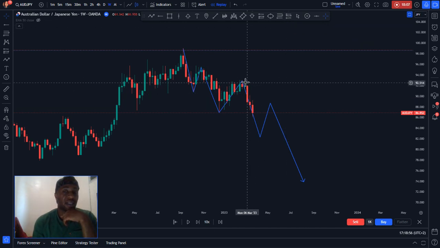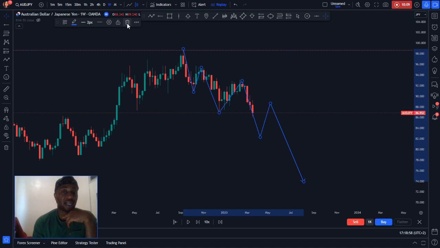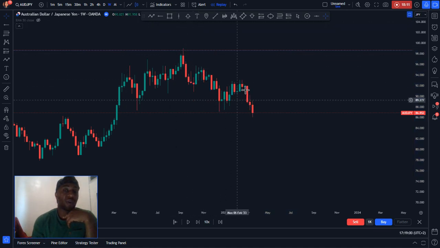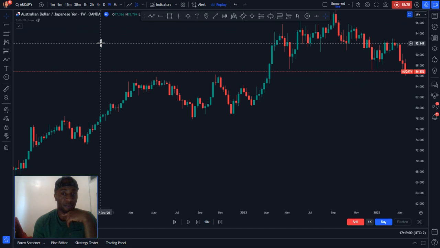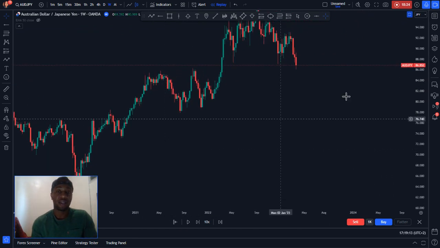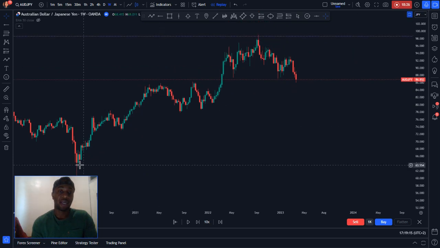That is what I'm trying to make you guys understand: don't concentrate too much on the lower time frame and forget the picture of the higher time frame. In this case it's simple and straightforward. The higher time frame is giving you buying opportunities.